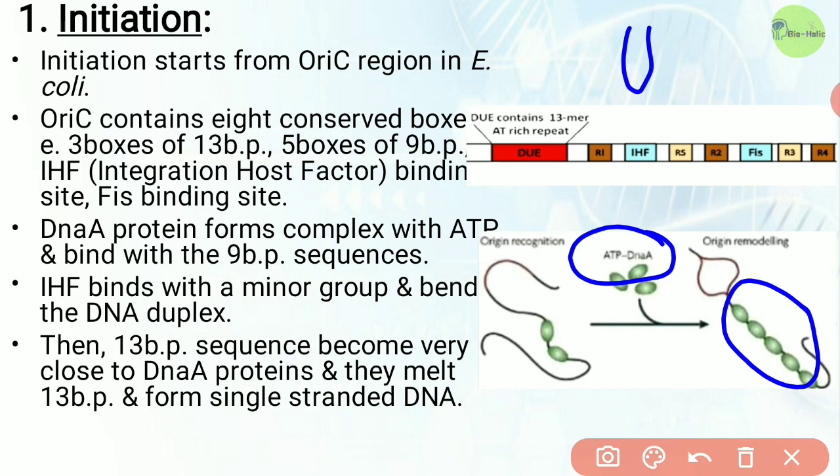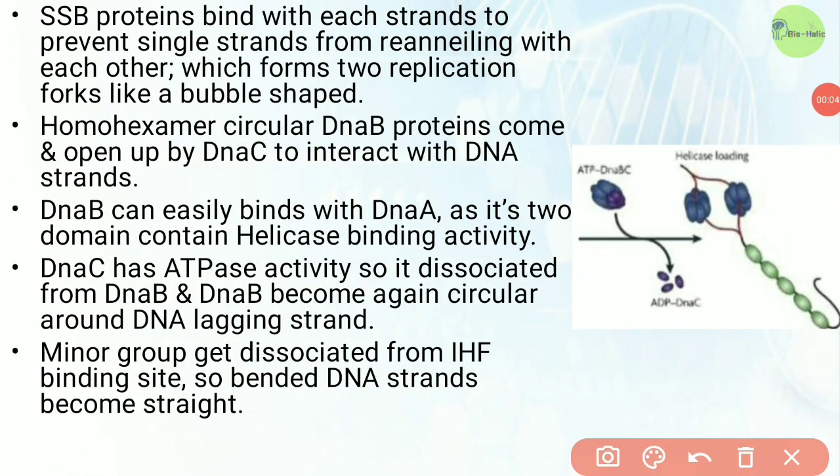Clear? Now SSB protein or single strand binding protein binds with each strand and prevents the single strands from re-annealing or rewinding with each other. Then the replication fork is formed like a bubble shape.